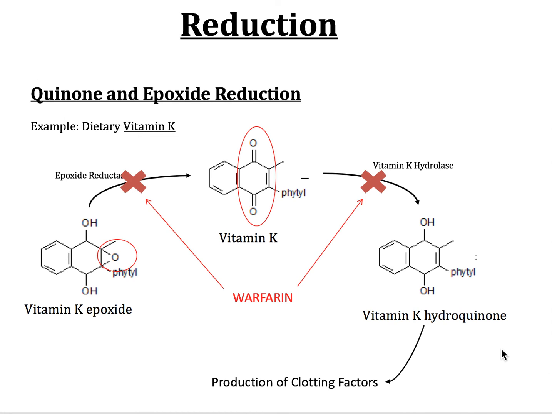So warfarin is an anticoagulant drug, so it decreases the production of clotting factors, and what it does is it usually inhibits these two enzymes here. It inhibits epoxide reductase, so it stops vitamin K forming, which means it can't form the vitamin K hydroquinone.